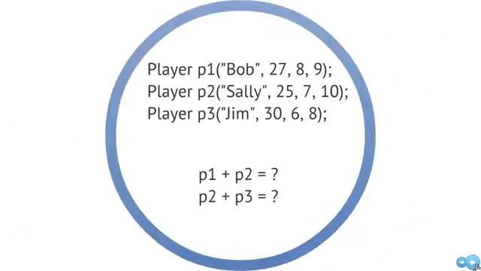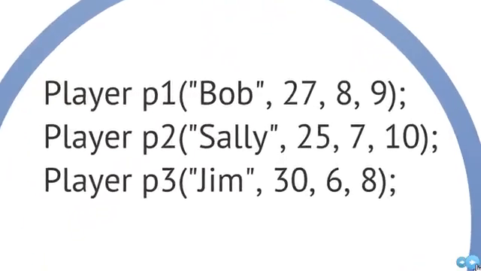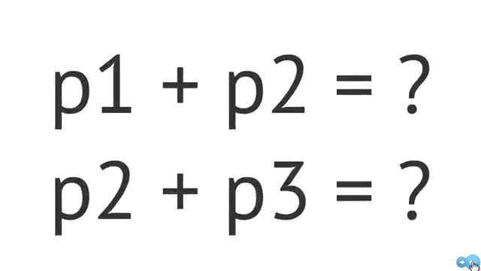Let's take a look at another example. Here we have a couple of player objects being created, and I'm not going to specify the details of the player class. Let's just assume that in order to construct a player object, we have to specify a name, an age, a strength, and an intelligence. If we were to do P1 plus P2, we really don't know what that means.